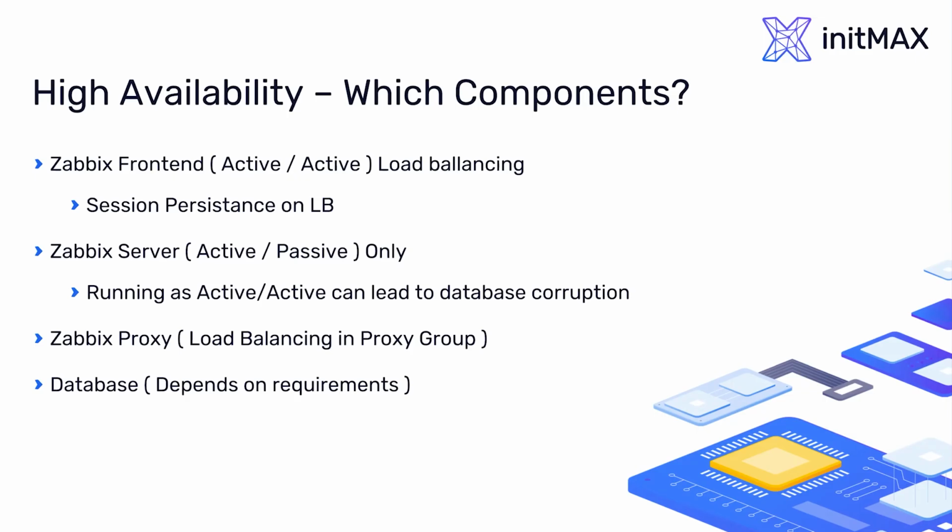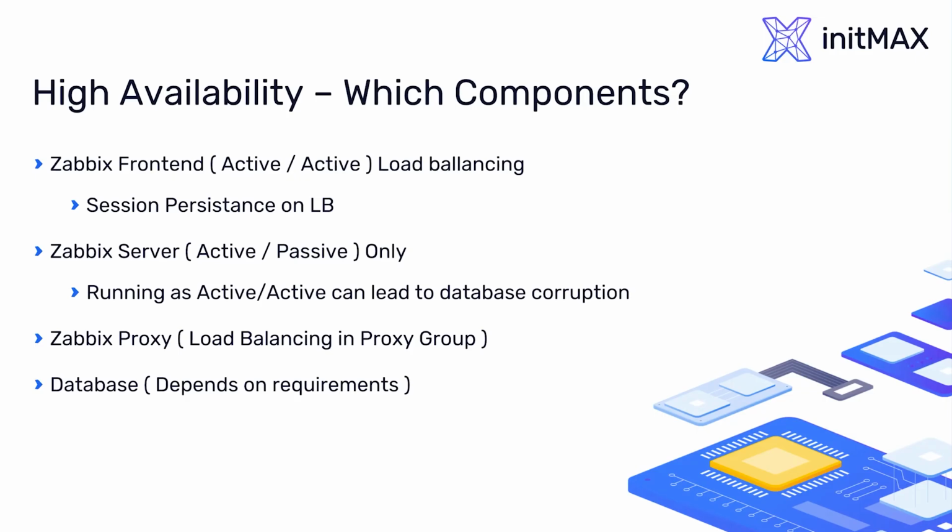But Zabbix server as such supports only active-passive mode, which has always been a topic of critique by users and some Zabbix customers. It has always been true. That's how the Zabbix architecture is designed, and that's how it works.